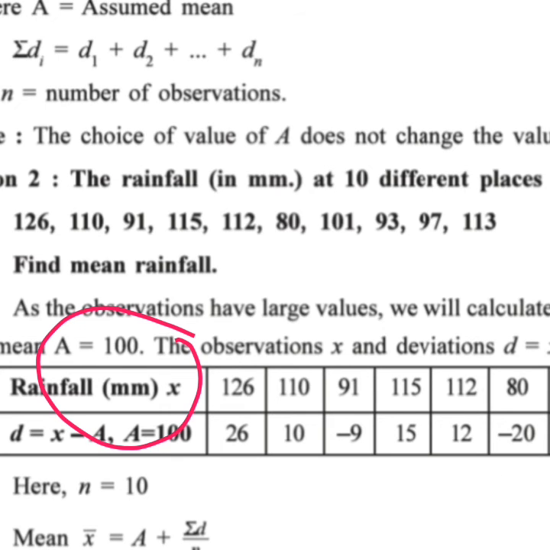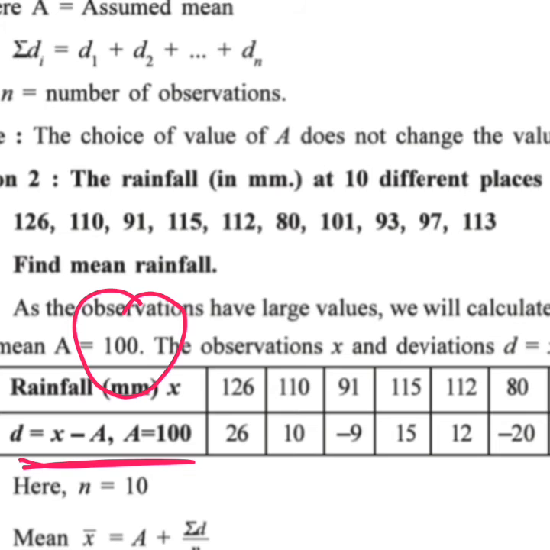What does this mean? All these values that you are finding are concentrating around this 100, and that's why 100 has been taken as the assumed mean. Now, as I told you, the formula for the assumed mean is xi minus a, where a has been taken as 100.